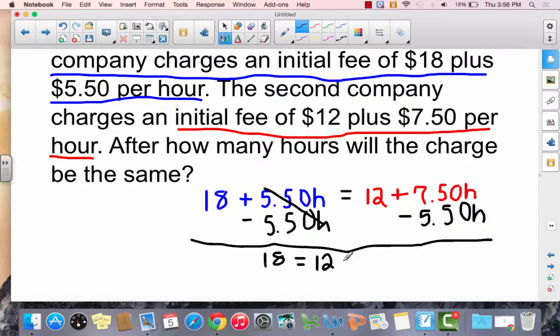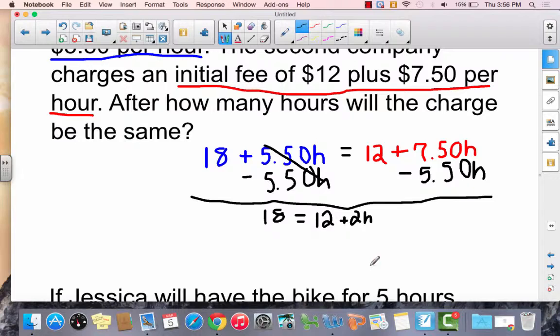At this point you have your normal two-step equation. I know that the 12 is by itself and it's a positive 12, so to make a positive 12 zero, I'm going to subtract 12. And whatever I do on the right, I'm going to do on the left. At that point, I'll be left with a one-step equation, which would be 6 equals 2h.